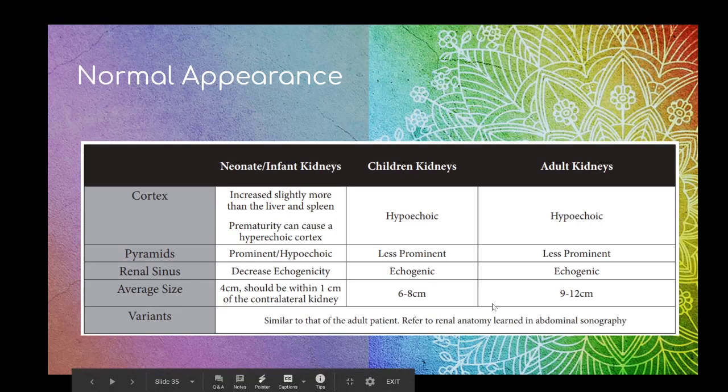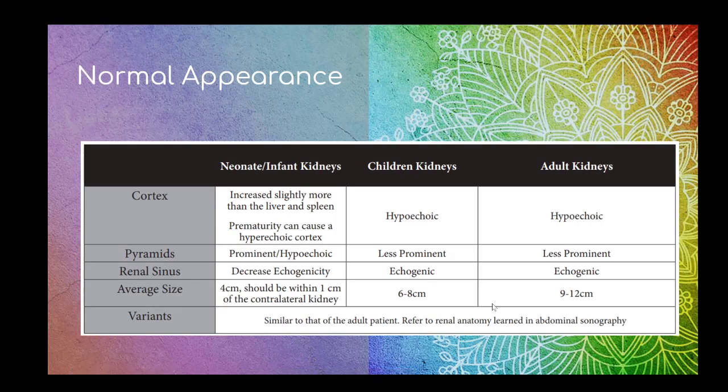We teach you for adult kidneys you can have up to 2 centimeter difference in size. It's only 1 centimeter for kidneys, so highlight that. 1 centimeter for the kidneys in children is an okay difference. Anything over 1 centimeter, we're going to start to worry about some sort of disease or pathology.